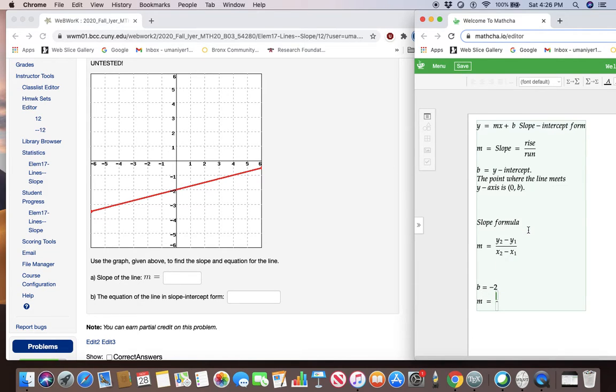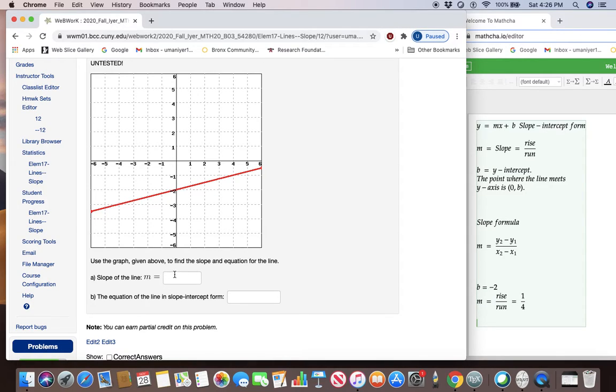Slope is supposed to be a fraction, rise over run. So in our case, starting from here, I'm rising 1 unit and then I run right 4 units. So that's my slope. That's my y-intercept, that's my slope. They have asked for the slope. This is 1/4.